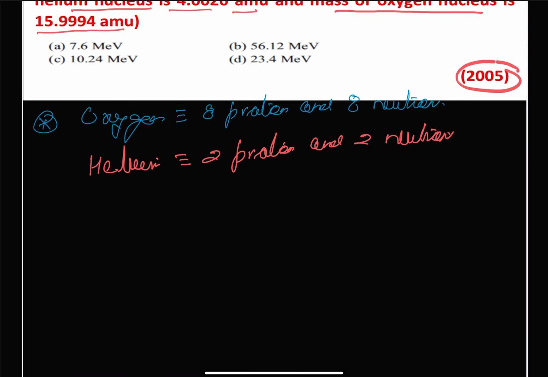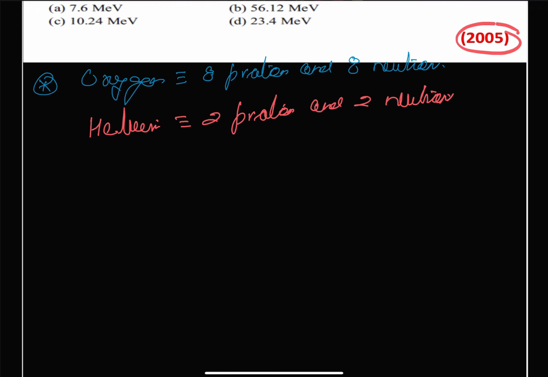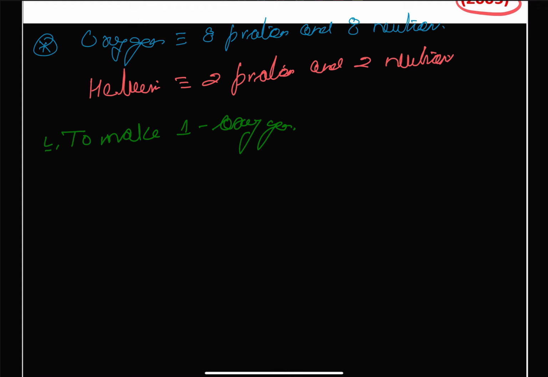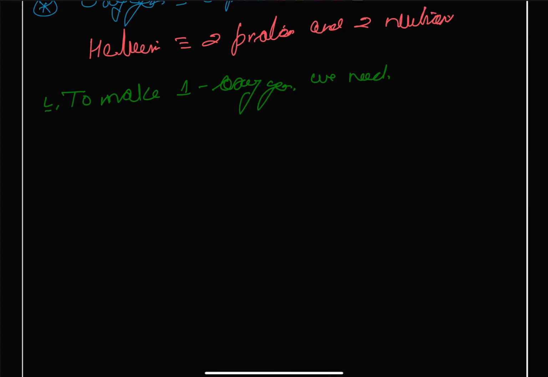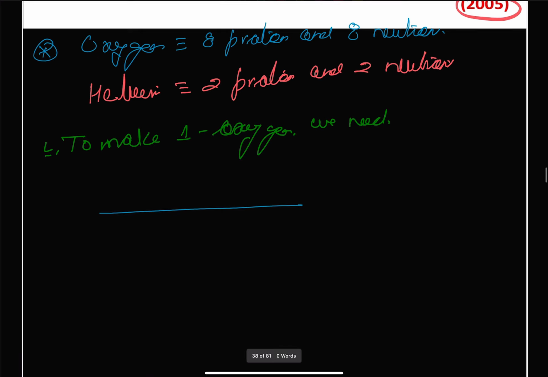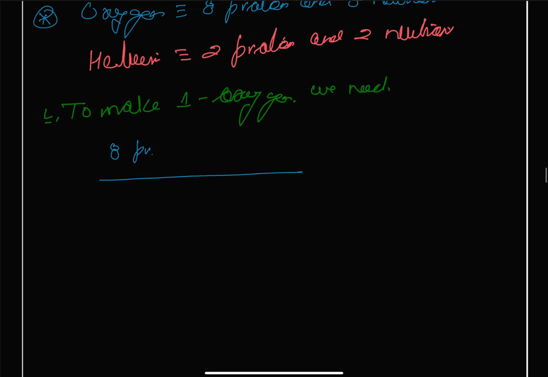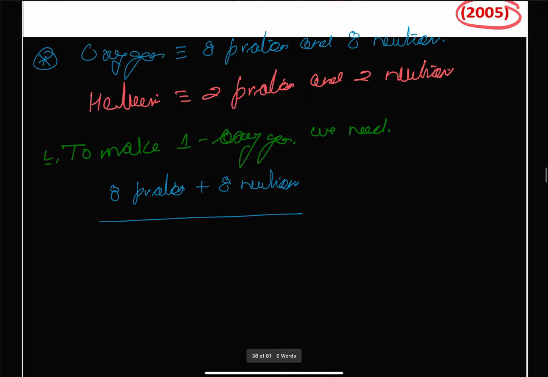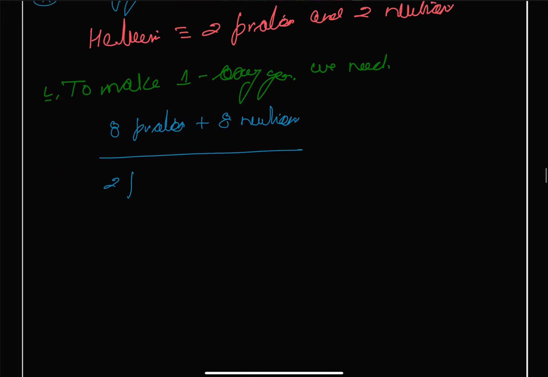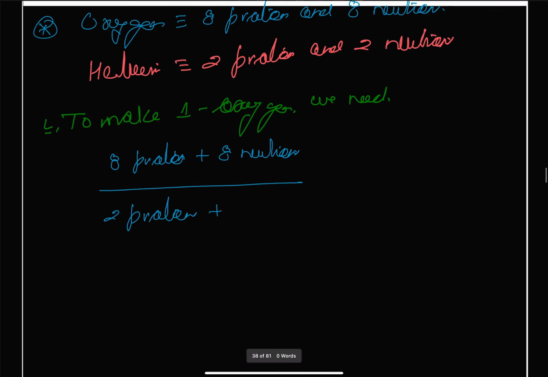So it means to make one oxygen, we have to find out the number of helium, and we can just write that we are having 8 protons plus 8 neutrons, that is our oxygen requirement, and of helium we are having 2 protons plus 2 neutrons.